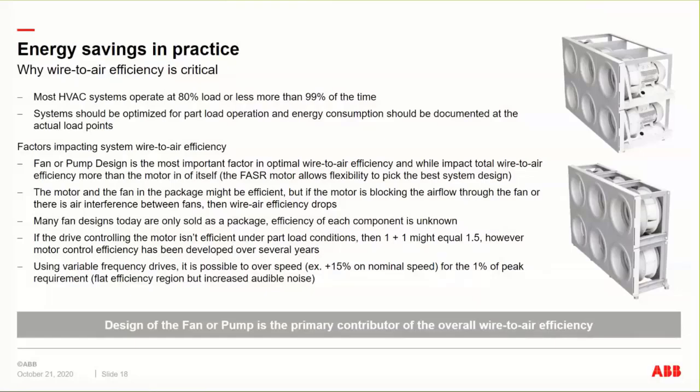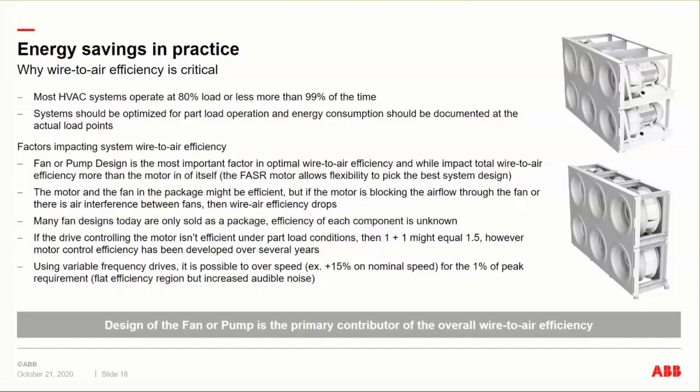And then in a lot of cases, they're designed for future capacity, and that's plus 10% to the capability of the HVAC system, which really results in, when these are installed, they never really run at full load and full speed. They're more like 80% speed, which is about 50% load, about 99% of the time.